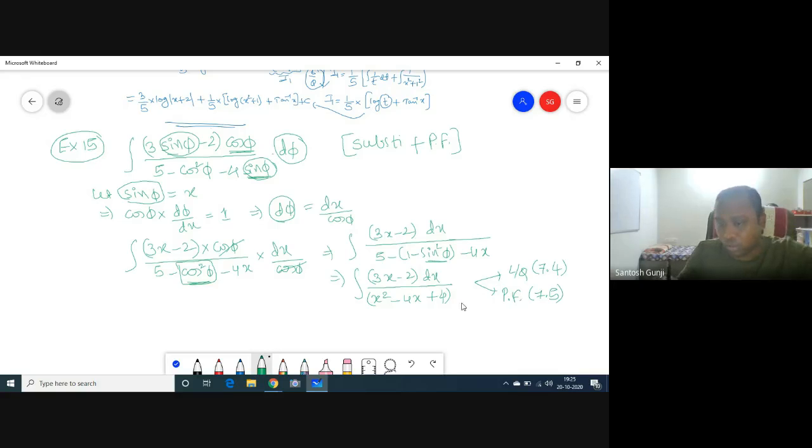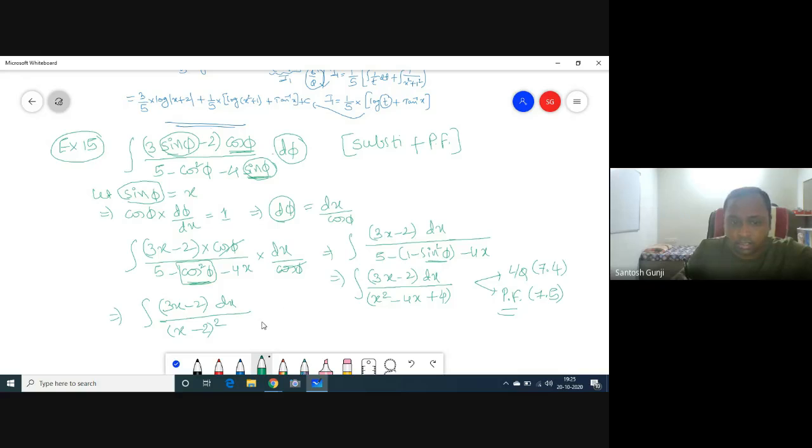There are two ways to solve. So I'm taking the partial fraction technique because we are there only. So now the next step would be 3x minus 2 dx upon, I can factorize this as x minus 2 the whole square.